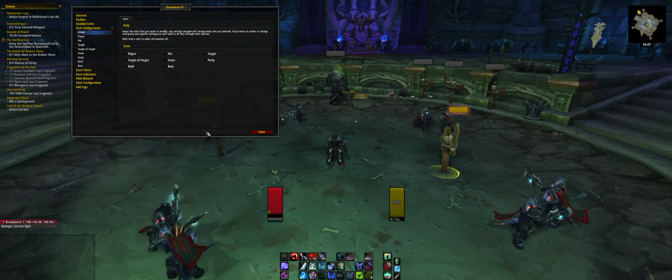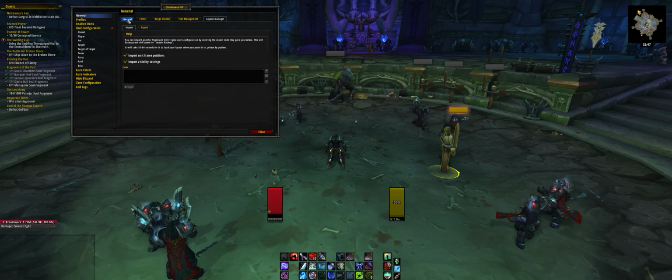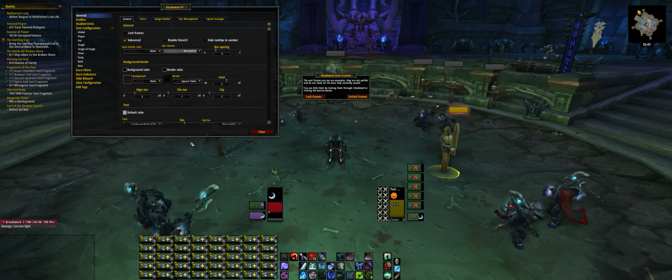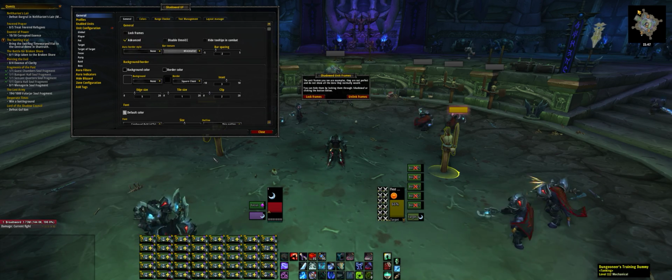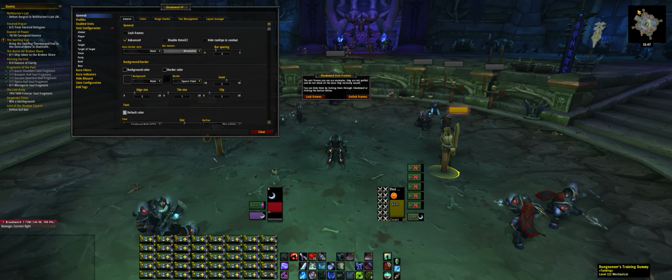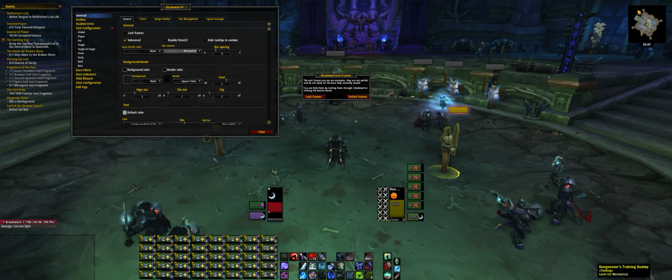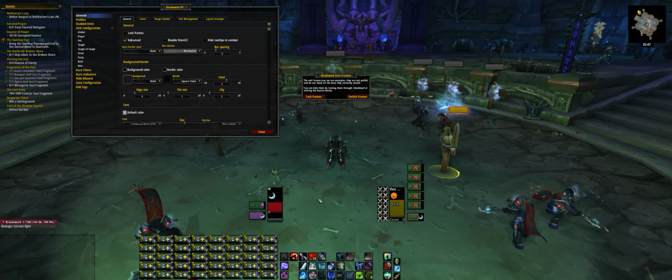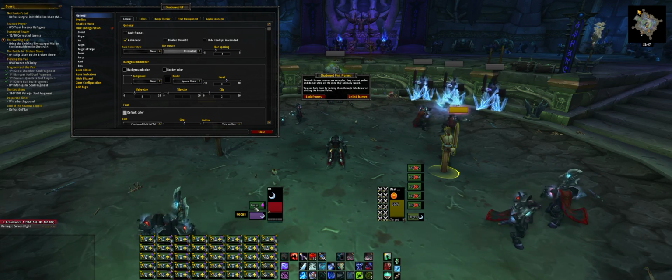Elsewhere, this is where it gets a bit scary. If we unlock all the frames, these are all the placeholders for my different boss frames, raid frames, party frames, etc. And you'll see that most of these are the same size.